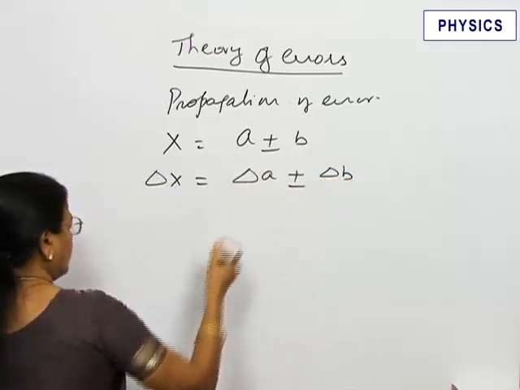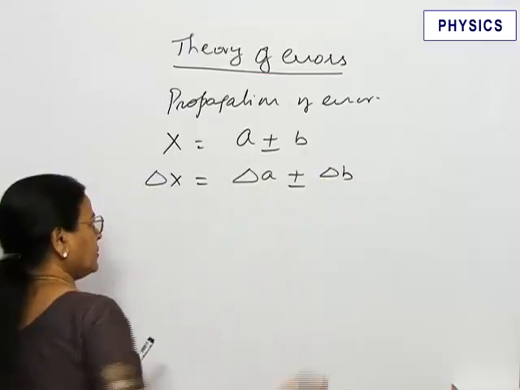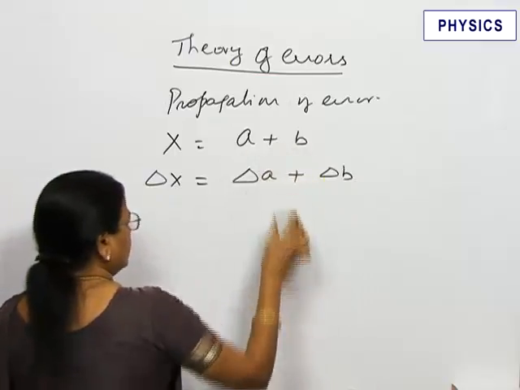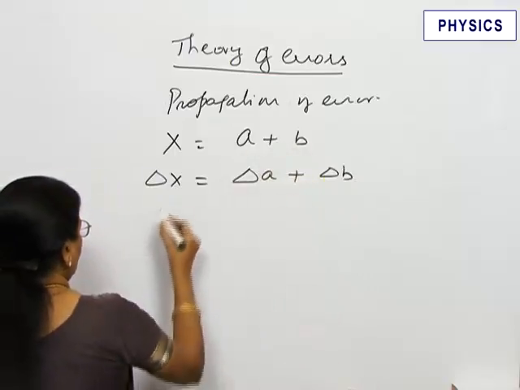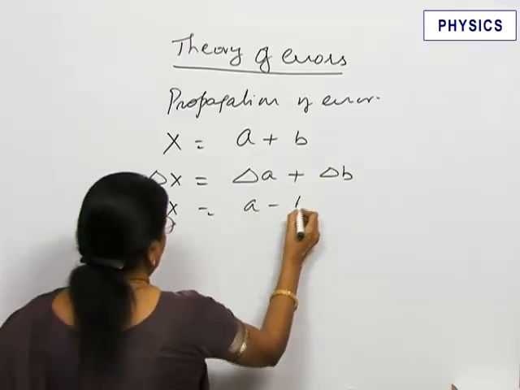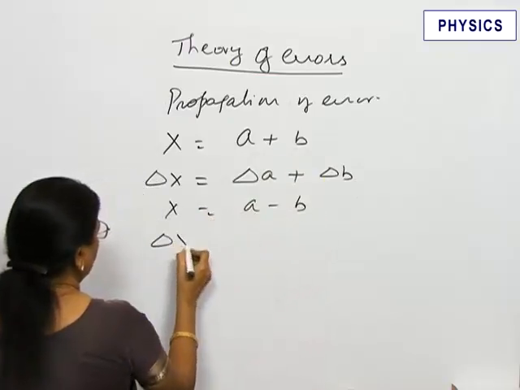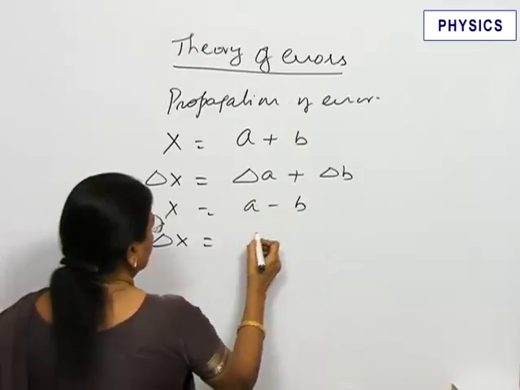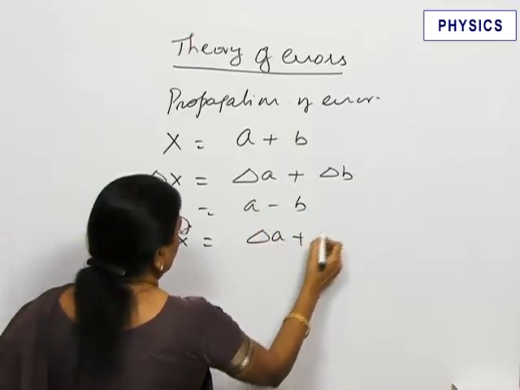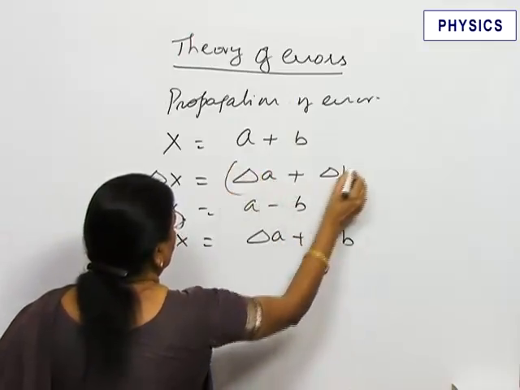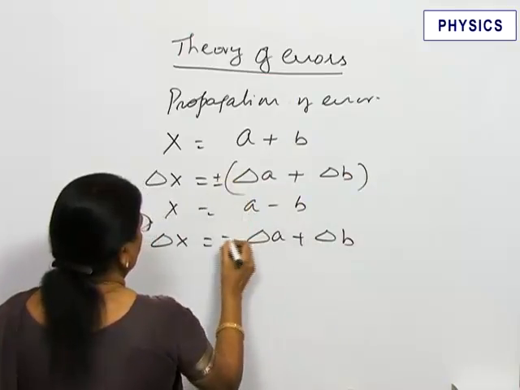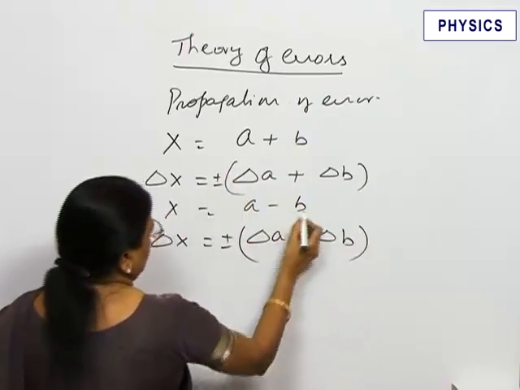If it is a plus b, it is delta a plus delta b. If it is a minus b, the formula is a minus b, but the maximum possible error in this will again be only delta a plus delta b. Okay, no minus sign, note that.